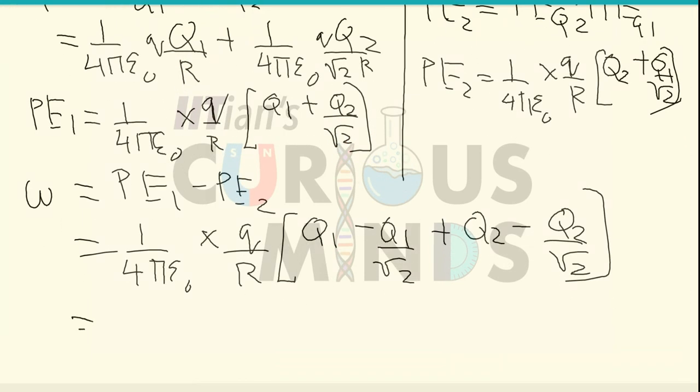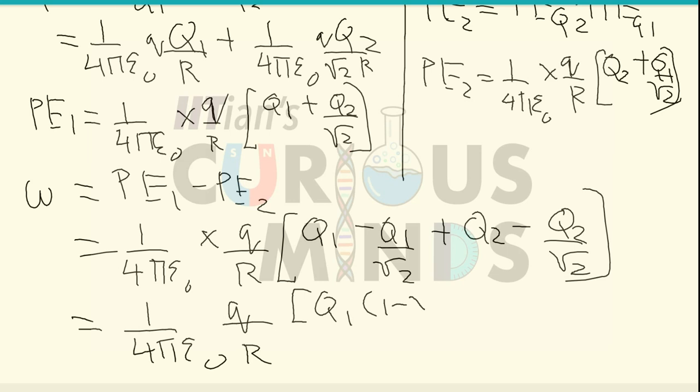Now I can write this part as 1 by 4 pi epsilon naught into q divided by r, into q1 times root 2 minus 1 divided by root 2, plus q2 term.